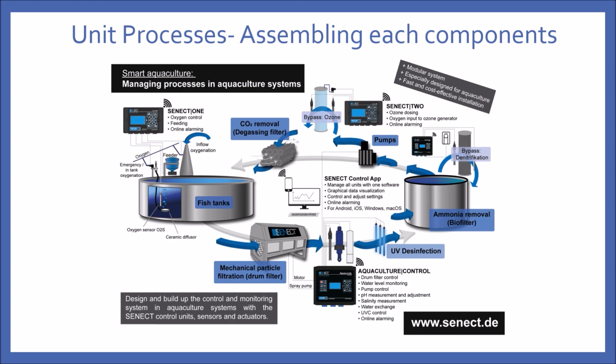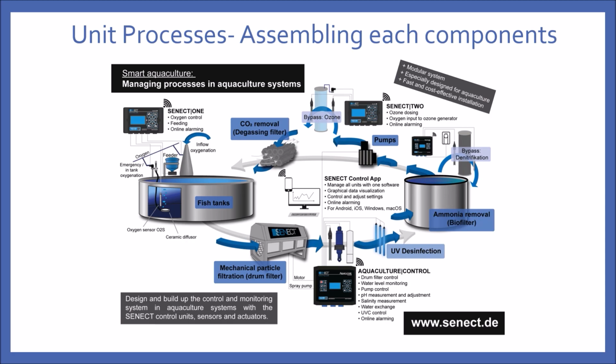Lastly, it goes on to ozonation, which is also a form of disinfection and removes additional organic compounds. Finally, we remove CO2 from the system, add back oxygen, and flow it back to the fish tanks. These are the typical operations you would see if you're visiting a salmon farm, trout farm, or maybe a sturgeon farm.